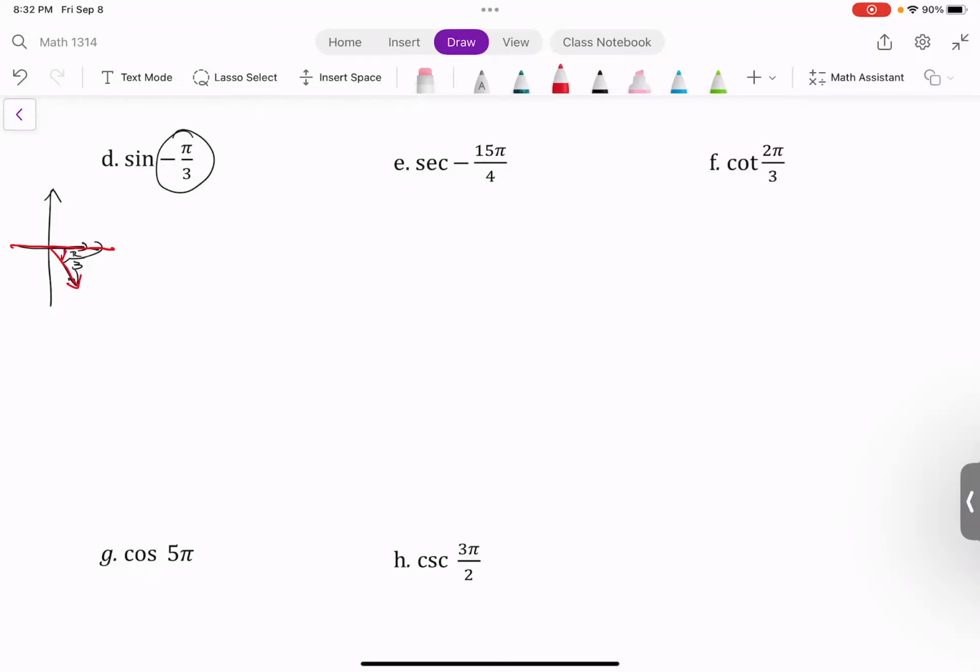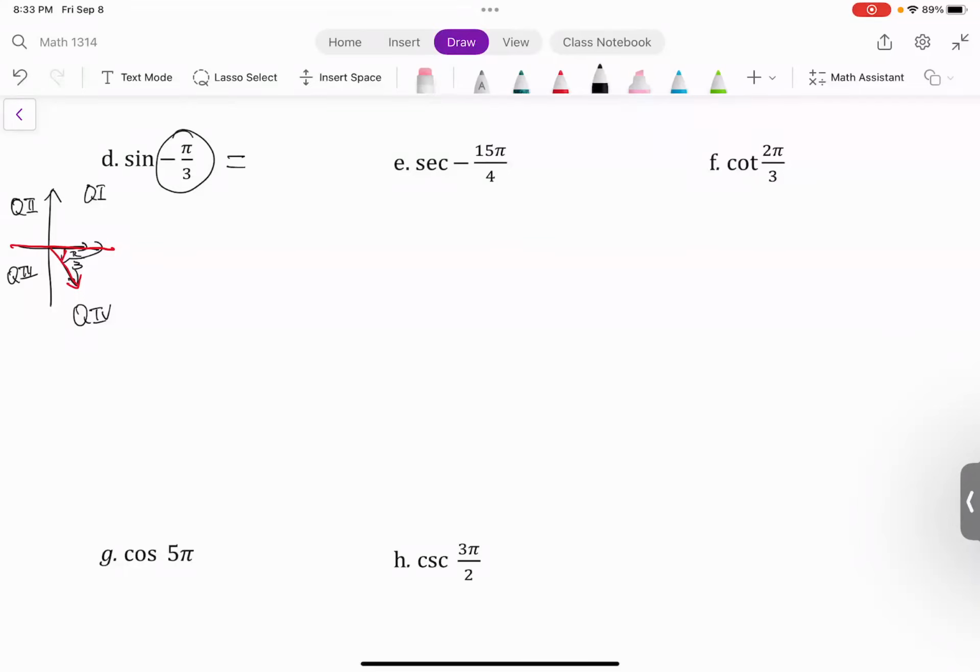In the fourth quadrant, we know this is Q1, Q2, Q3, and this is Q4. In the fourth quadrant, is sine positive or negative? Negative, because of ASTC: in the fourth quadrant, cosine and its reciprocal secant are positive.